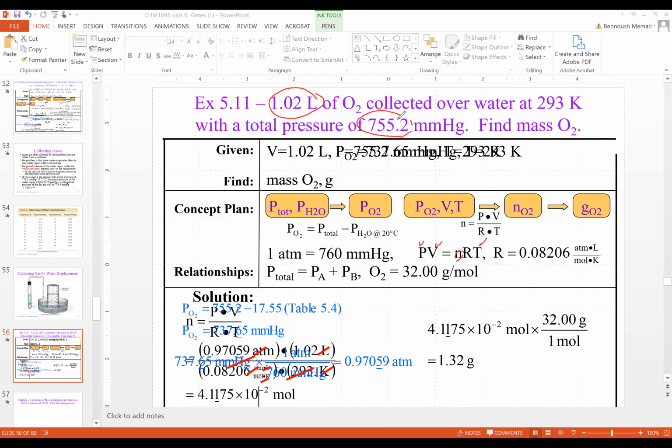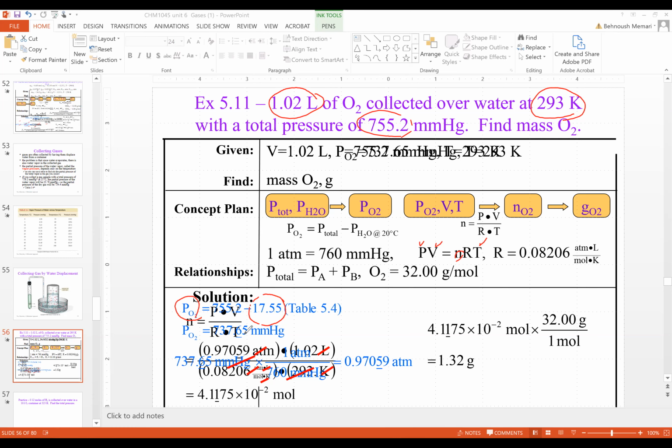So what we need to do is find the value of the pressure coming from water vapor at that temperature, which is 293 K. Because the table was given in degrees Celsius, we need to subtract 273. At 20 degrees Celsius it is going to be 17.55 millimeters of mercury, and we subtract that from 755, and we have the pressure for O2.